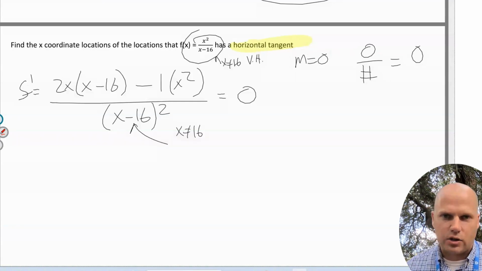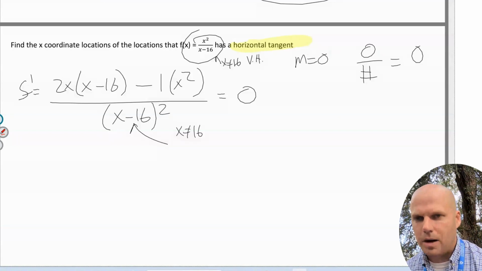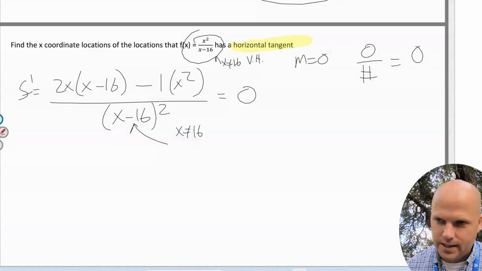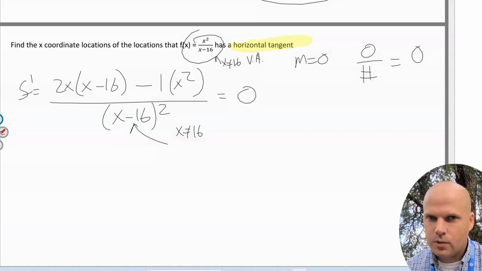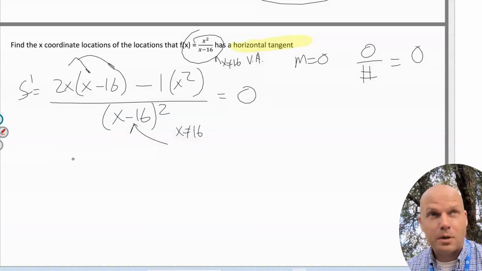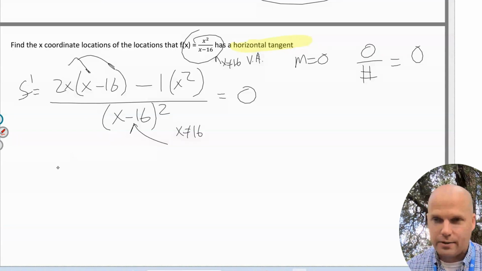So that's a good little reminder. But I have a fraction equal to 0. I don't care about the bottom. I can essentially ignore it and just worry about the top, provided I remember x can't equal 16.